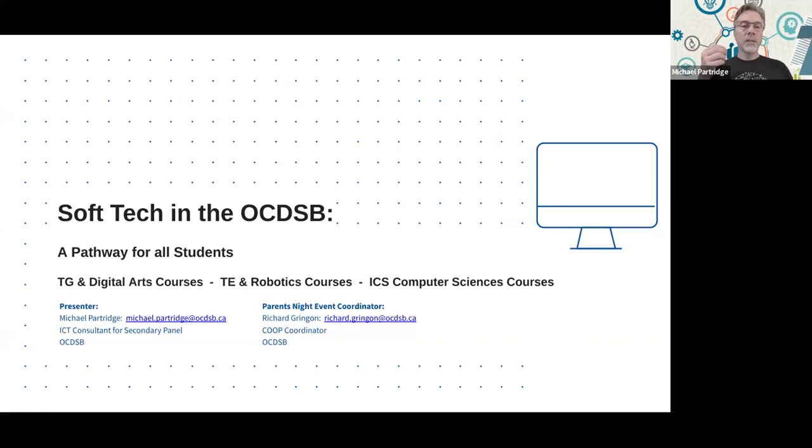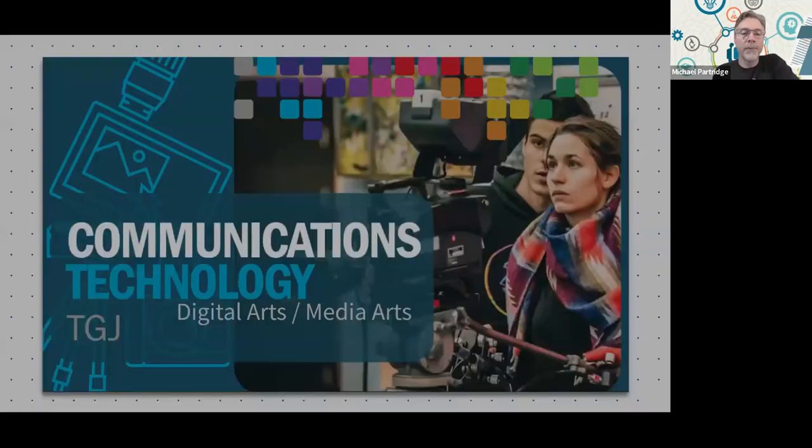Those are the technology courses for TE. And then thirdly, ICS courses are computer studies or computer science courses. So these are the three types of computer courses that happen in our computer labs in all of our high schools. I'll go through them right now a little bit more.